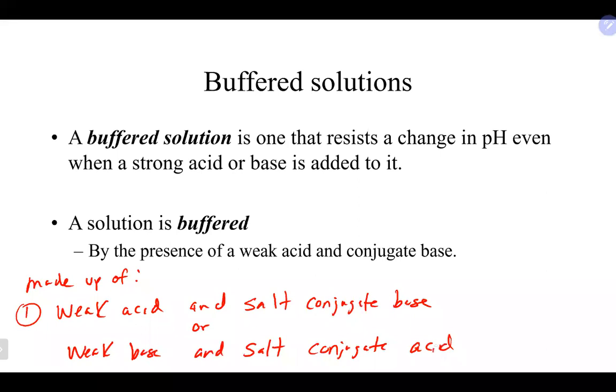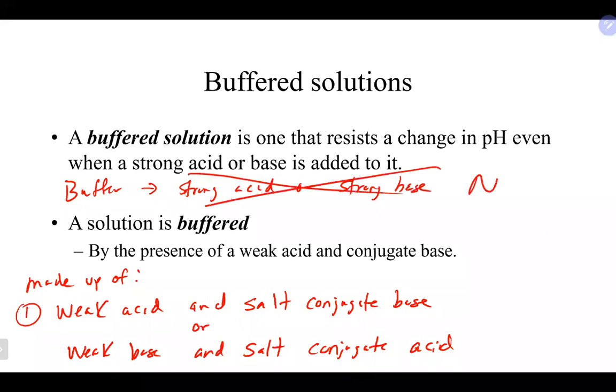You cannot have a buffer that's made out of a strong acid or strong base. So there is no buffer that is made up of a strong acid or strong base. The reason for that is the difference between a strong acid or strong base and a weak acid or weak base.